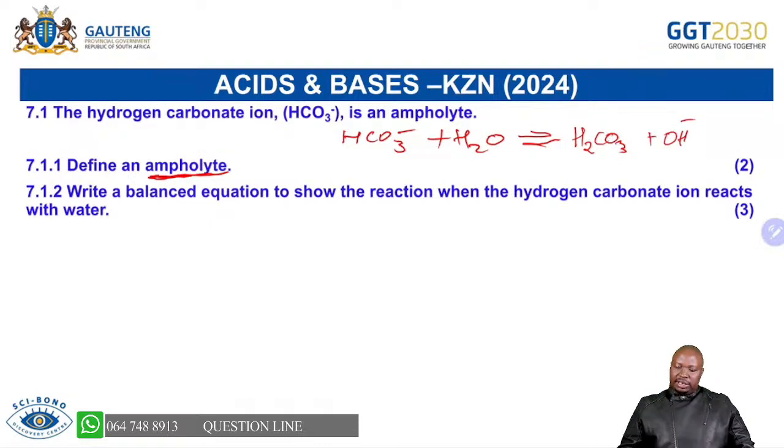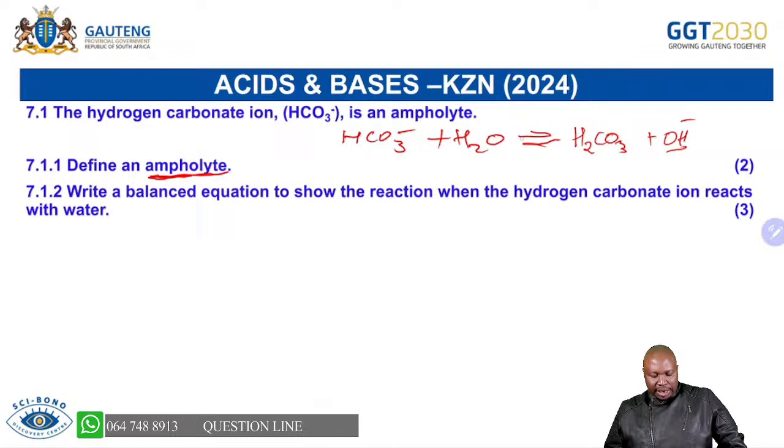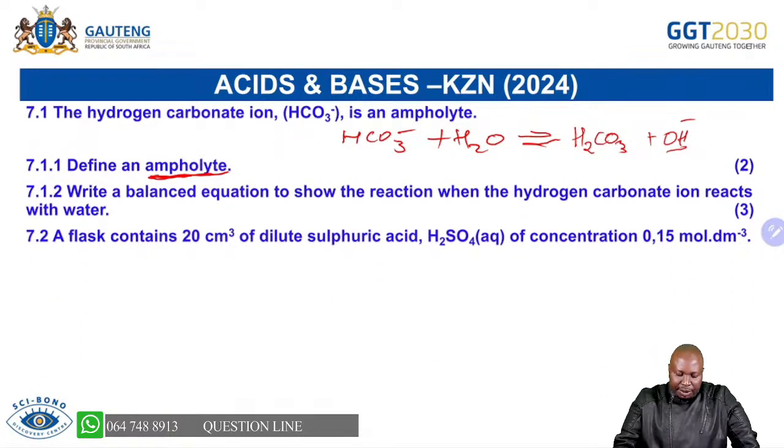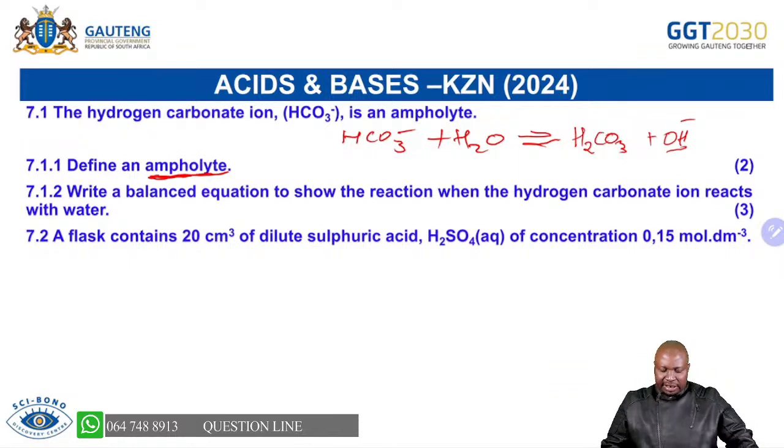So you know that this must be basic because it forms the OH minus. Or you can use two water, and then still you can do the reaction, and you are able to get your 3 marks.